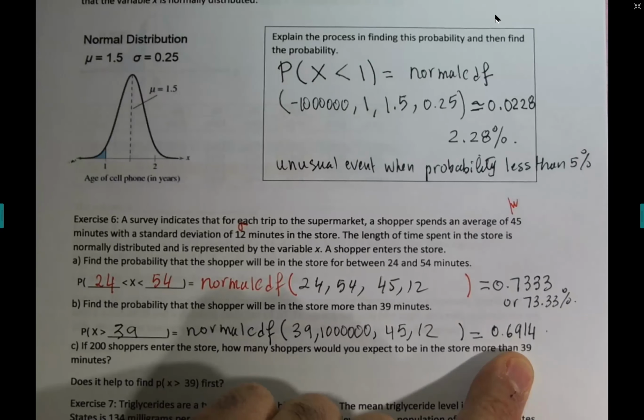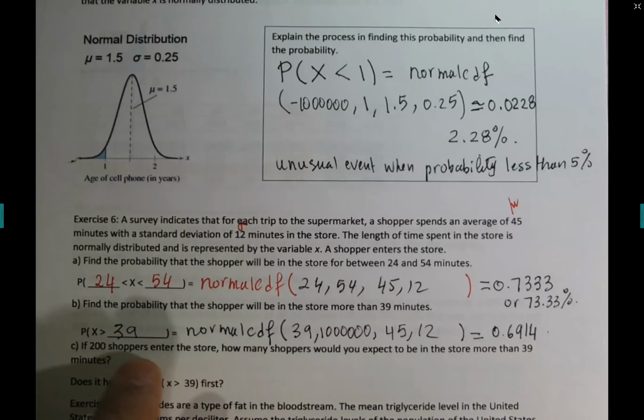So if 200 shoppers enter the store, how many of them would you expect to be in the store for more than 39 minutes? Any ideas, guys? Remember, we already figured out what percent of people will be at the store for more than 39 minutes. You did it in B. So what would you do?